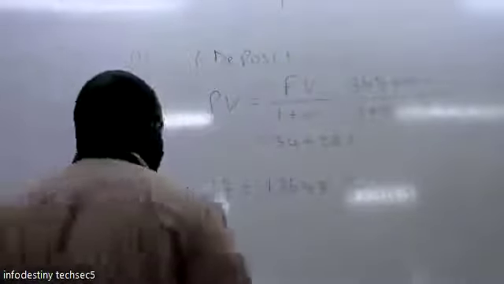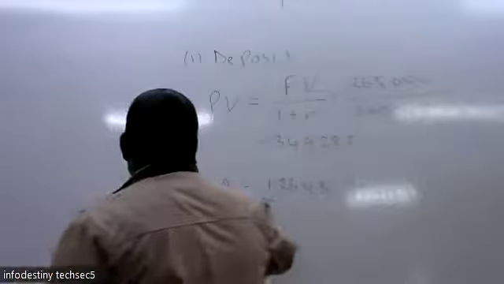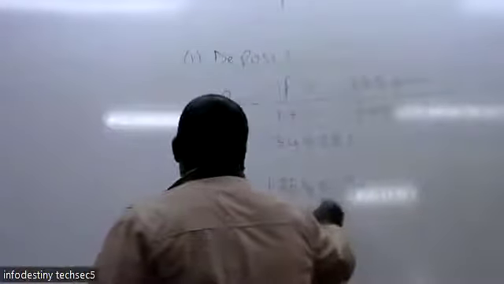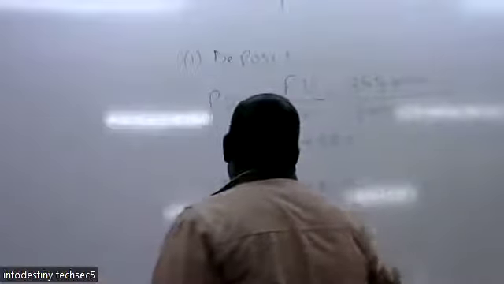But now we know this person has 349,282 US dollars. So how much did he have in pounds to get those US dollars?